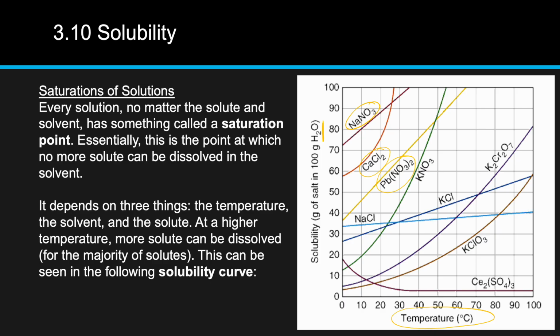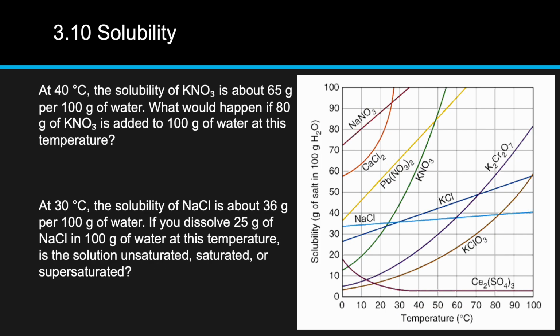This relationship between these three factors is known as our solubility curve, where you can see how different salts dissolve in water as the temperature changes. So let's do a few examples here just to make sure we can understand how to read this curve.